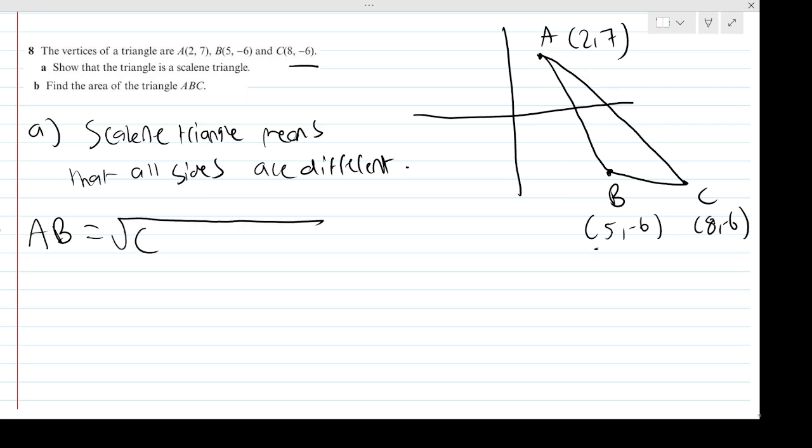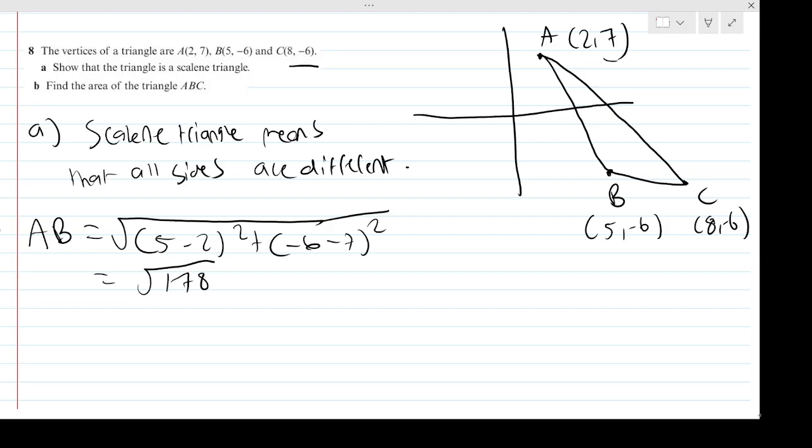So change in x for B, let's say 5 take away 2, which is at A, squared, then plus the change in y, so that'd be minus 6 take away 7, all squared again, and then put that in the calculator. We should get root 178. Okay, not a nice number, but it doesn't matter. Okay, AB's that.